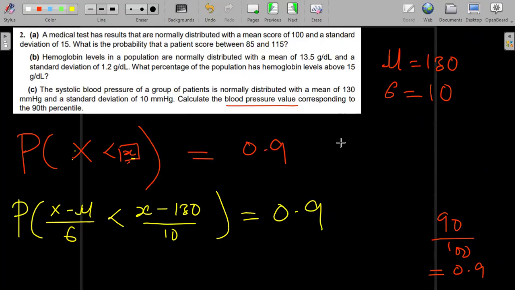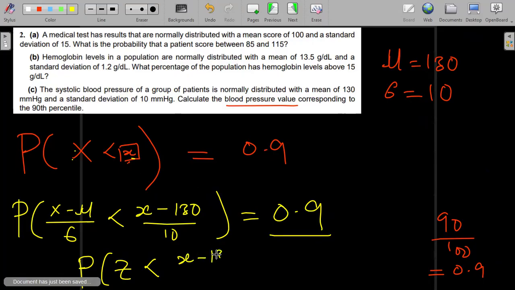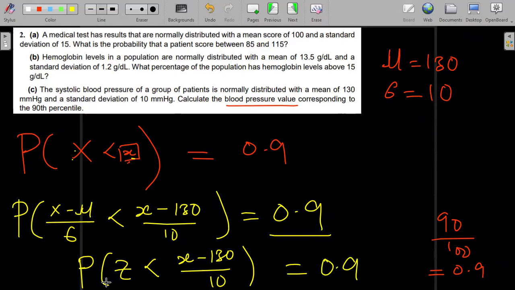So whatever number is here, if I find the probability that z is less than this, I'm finding 0.9. Remember, this is just z less than this number here. So the probability that z is less than this number is 0.9.